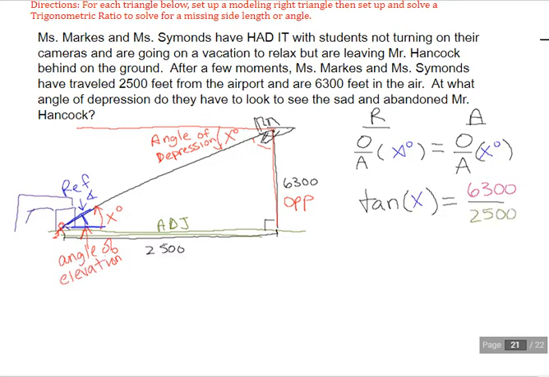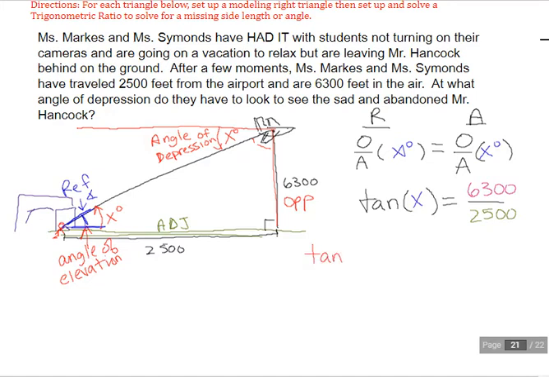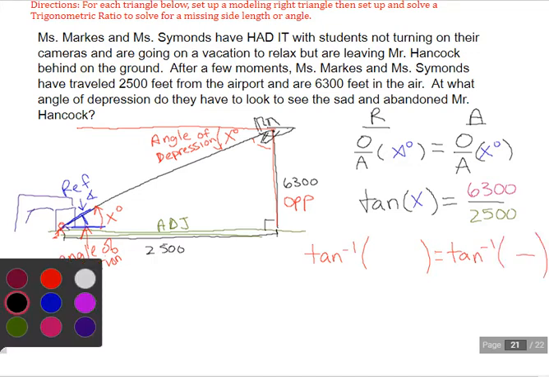So we have both side lengths, and so we have to get the x degrees, which means we got to kill tangent. So it's going to be an inverse problem, where we apply the inverse tangent, not just to one side, but to both sides. Okay, so on the left-hand side, we're applying it to the tangent value of x.